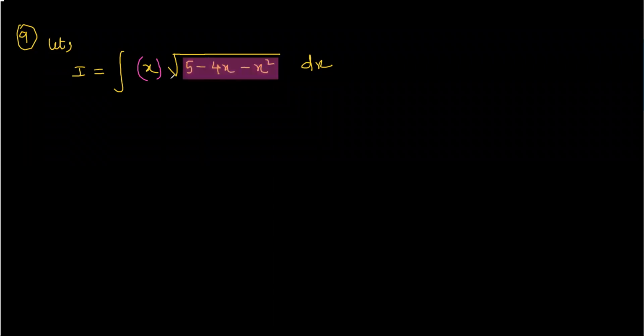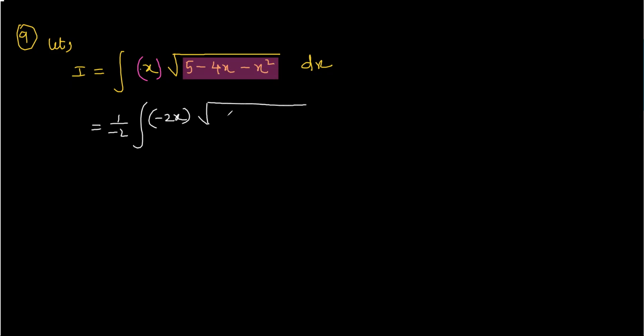So what is the derivative of quadratic here? Derivative of quadratic is minus 2x minus 4. If you differentiate 5 minus 4x minus x square, you get minus 2x minus 4. So see what I do. I write here 1 upon minus 2, so that this becomes minus 2x. See, I divided by minus 2 so that I can multiply minus 2 here.